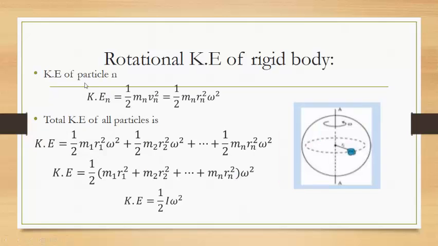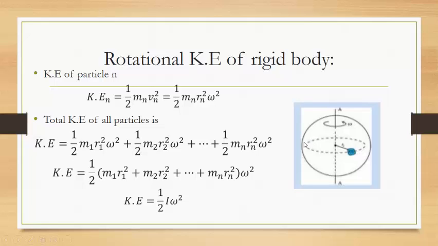So kinetic energy of nth particle is half mn rn square omega square. In order to calculate total kinetic energy of all particles, we add up these kinetic energies, and here I have added all these kinetic energies.